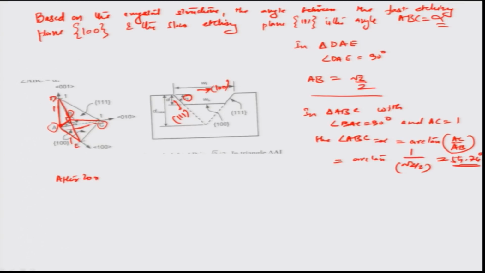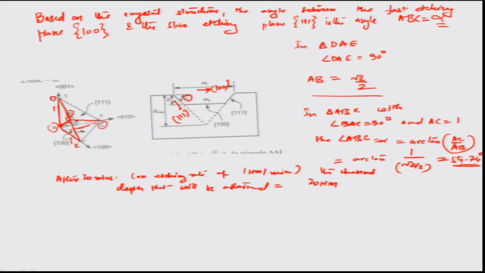After 20 minutes, corresponding to an etching rate of 1 micron per minute, the channel depth that will be obtained is around 20 microns, 20 times 1 micron per minute.